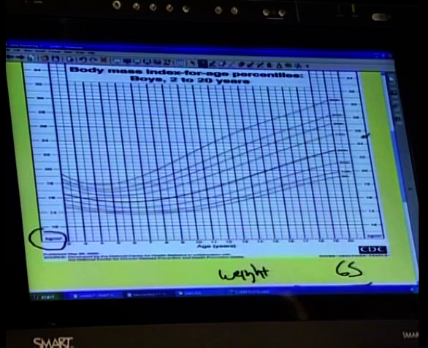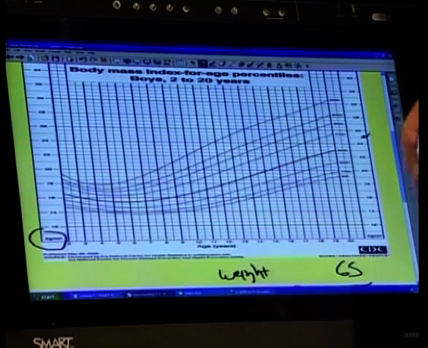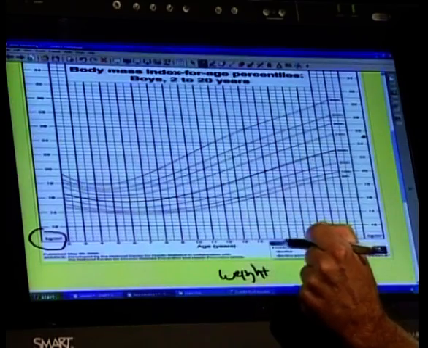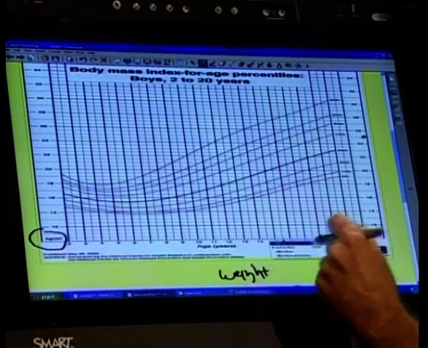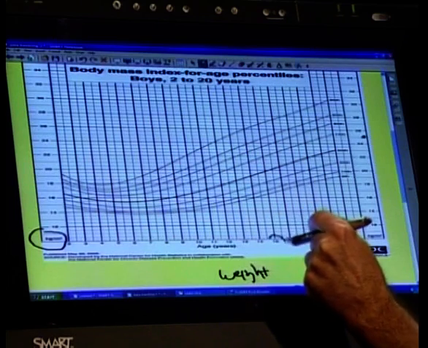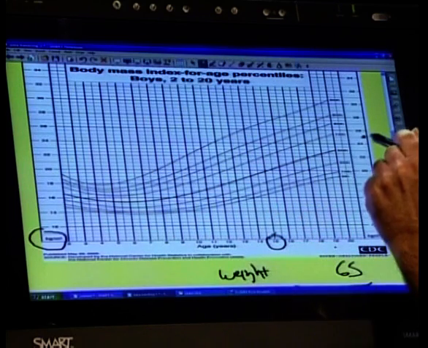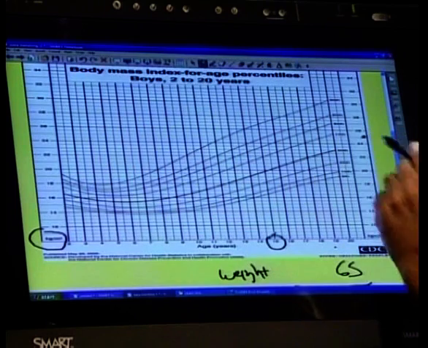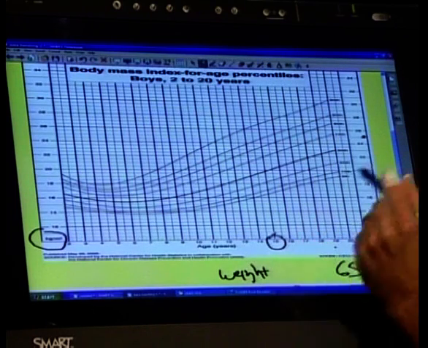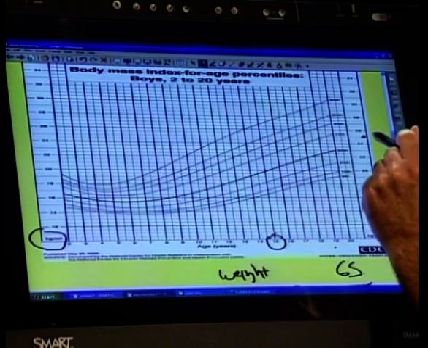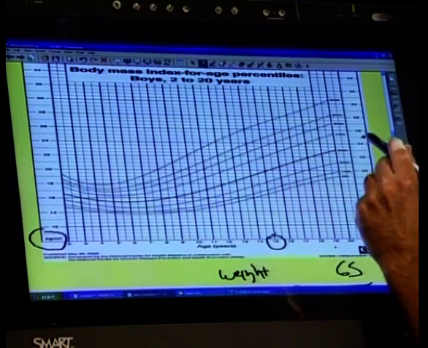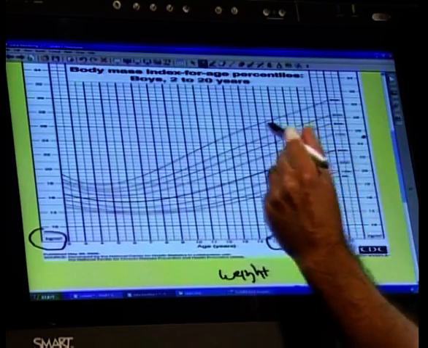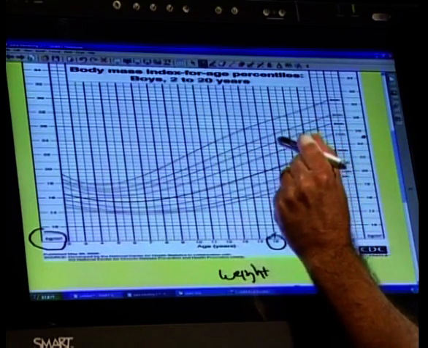Now, I'd also need to know my age. Let's say that the person we used here was 15 years of age. That means over here. So we've got a BMI of 25,4 and an age of 15. Let's have a look at where those 2 points intersect on my chart. That's round about over here.